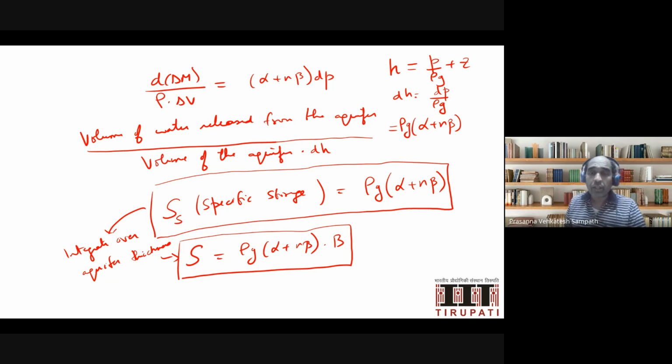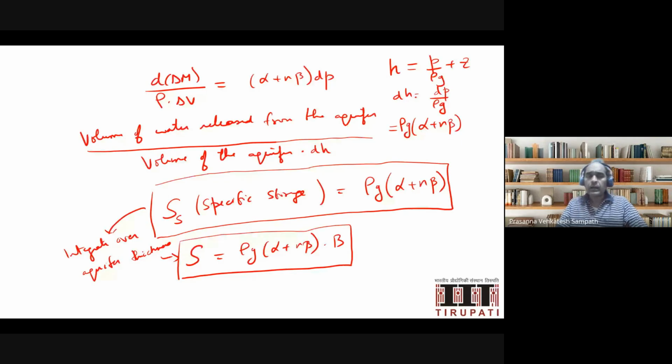What actually happens is that the aquifer gets compressed a little bit and the water expands a little bit to just come out of the pores, and that is the process by which water is removed from storage, specifically in a confined aquifer.